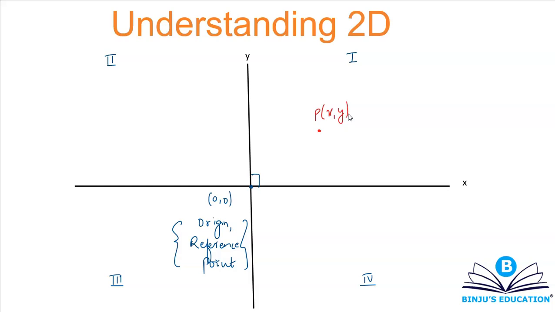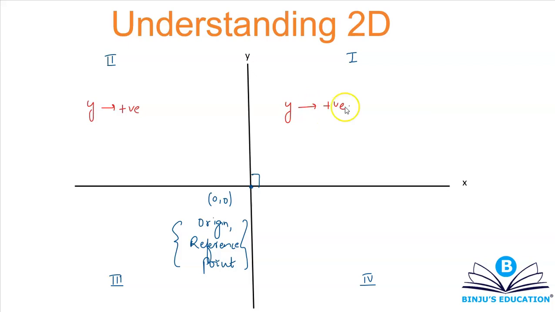Let's first understand the sign conventions in the four quadrants. Okay. So if you take any point that lies above x-axis, then the y coordinate for that point is always positive. Remember that y coordinate is positive for first and second quadrant.